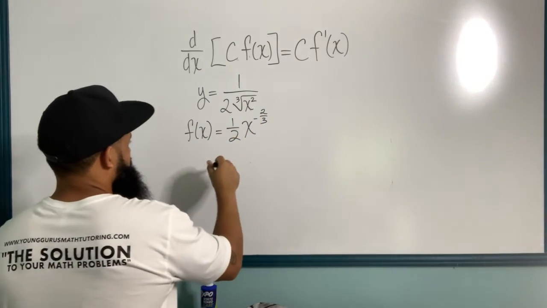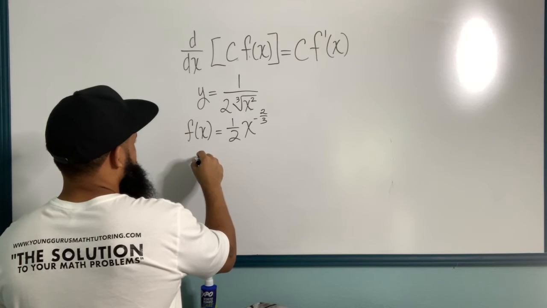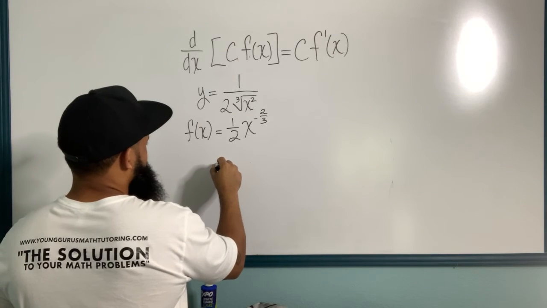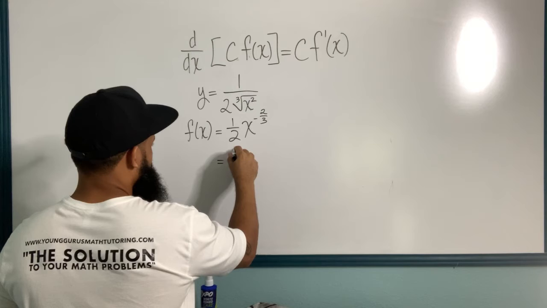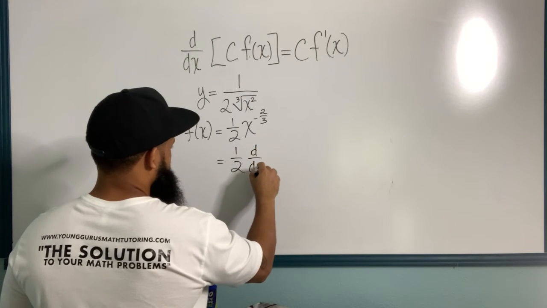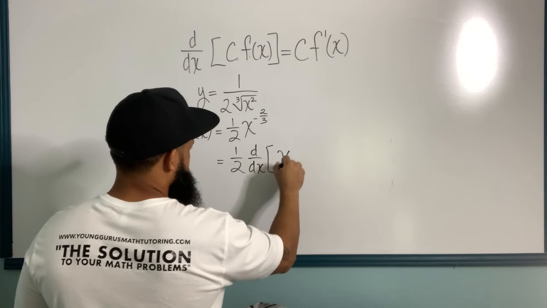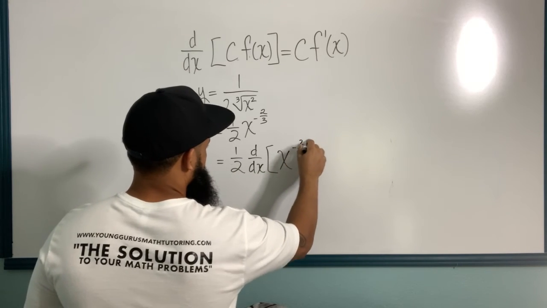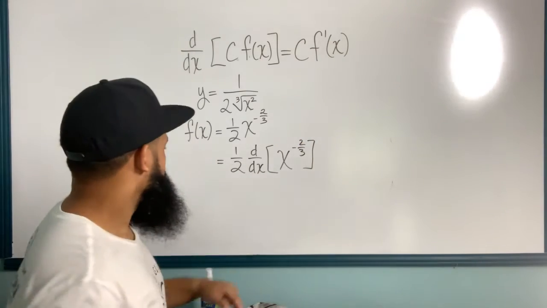But let's get to the real stuff. So if I want to find the derivative of this, then I'm going to say 1/2 d/dx of x to the negative 2/3. All right, so here we go.